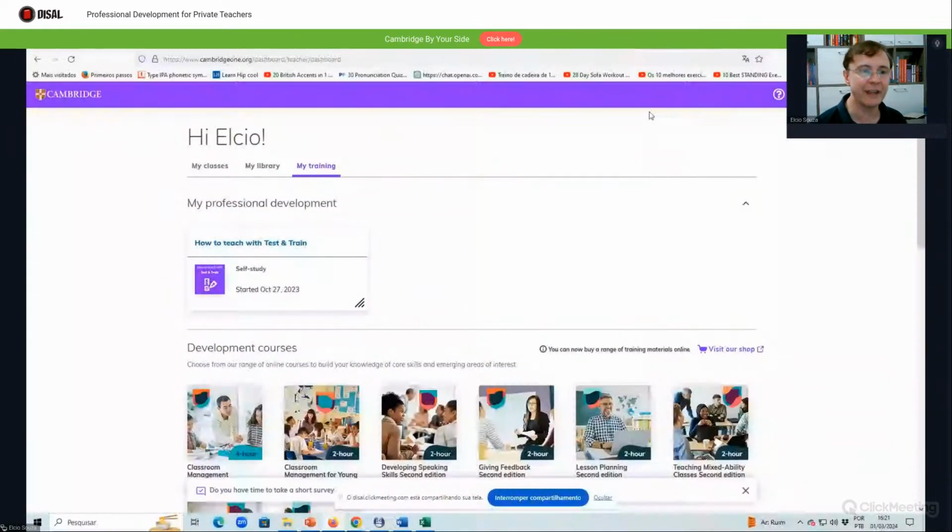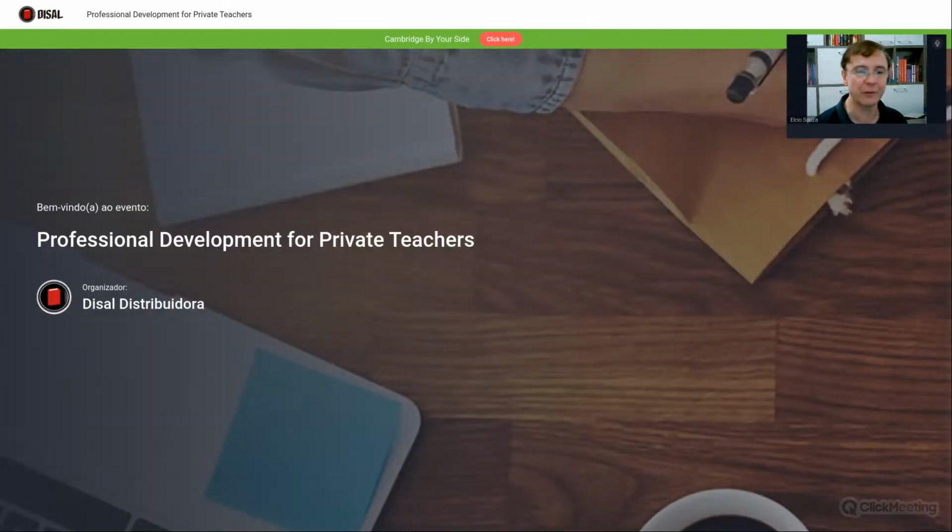Yeah, so this is Cambridge 1. I don't know if you can see it or not. Mine is already open. But if you go to cambridge1.org, you are able to register. You can also register for free. You don't have to pay that.